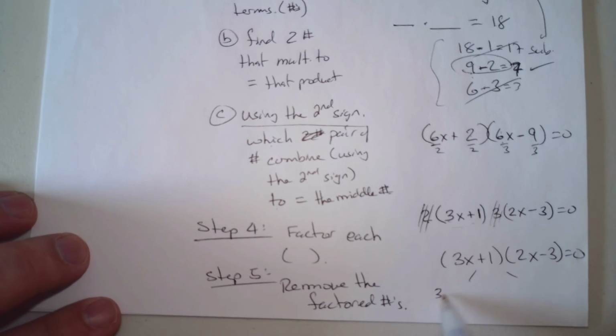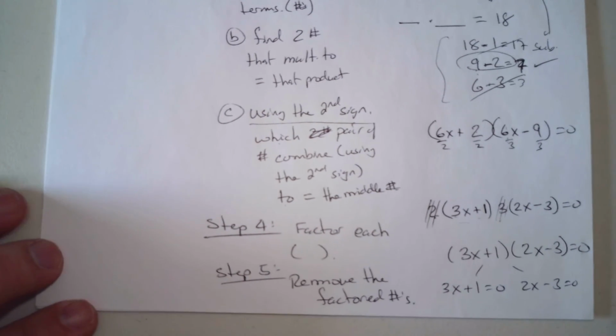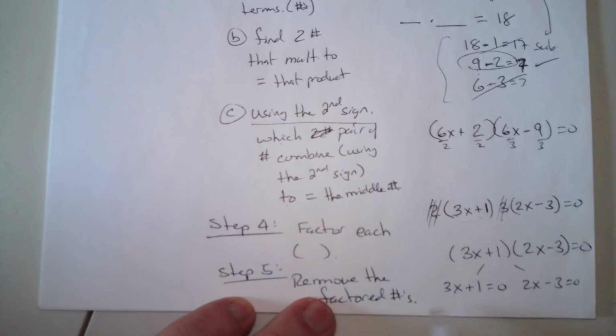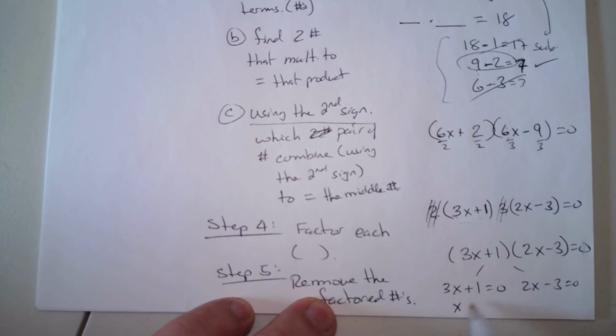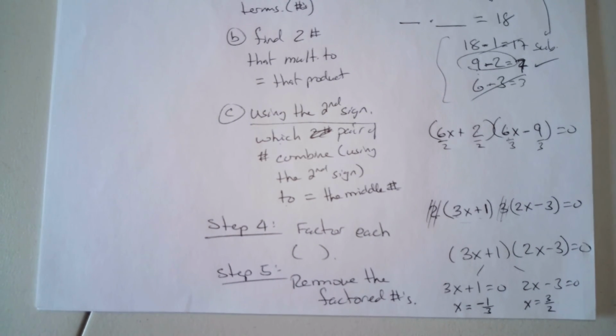Now we can solve. 3x plus 1, 2x minus 3, so both equal 0. And by now we should have worked these against the opposite sign. So it's negative 1 over 3. Positive 3 over 2. Those are our answers.